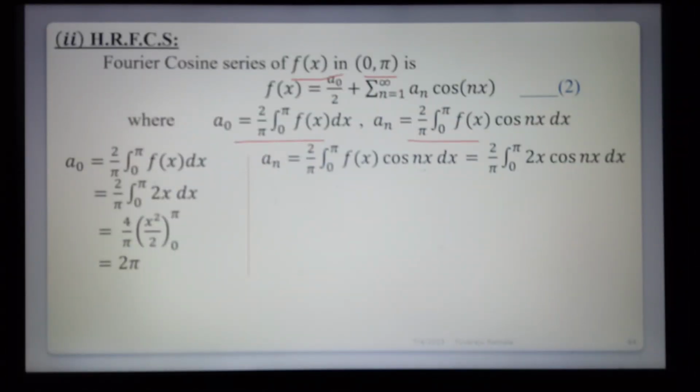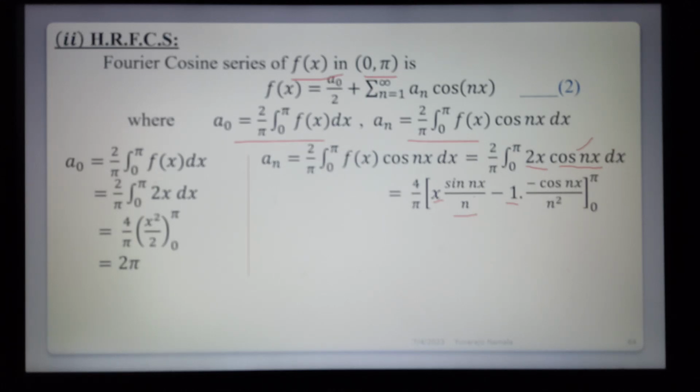An is equal to integration 0 to pi f of x, that is x into cos nx. So that is equal, by parts method, 4 by pi, 2 common, x into cos nx: x into integration of cos, which is sin nx by n, minus integration of derivative of x, 1 is a constant, into integration of cos, which is minus cos nx by n square.